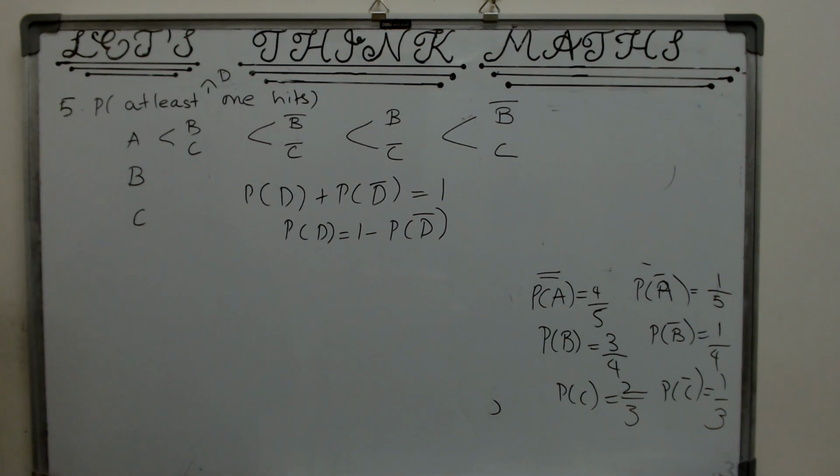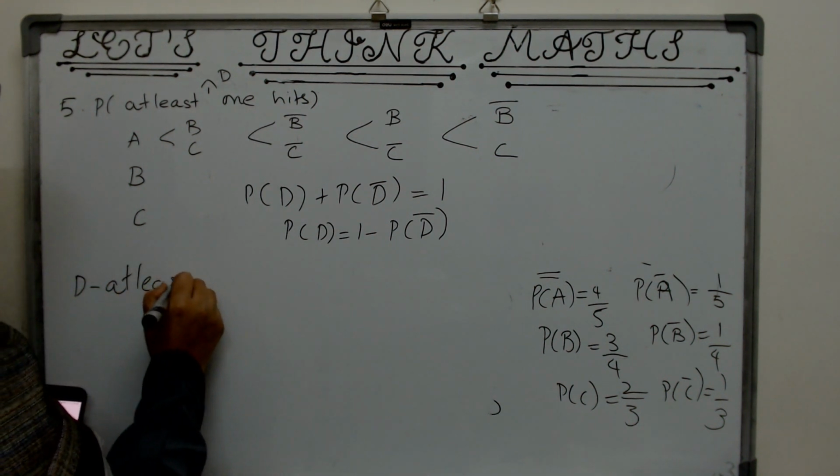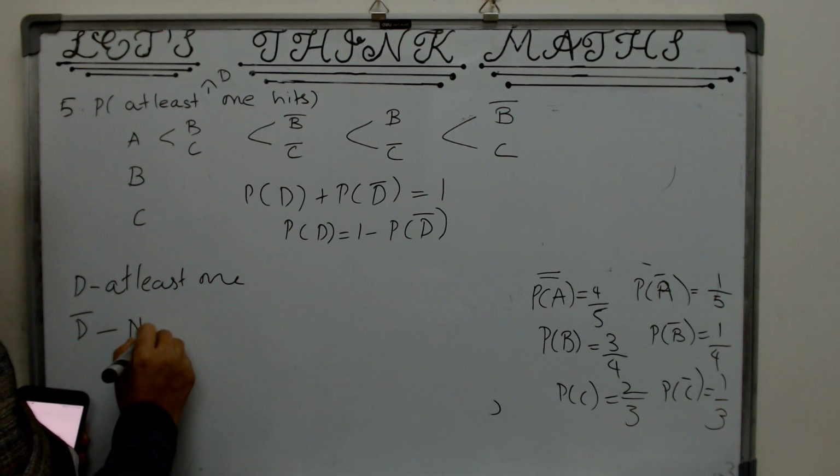Then I say at least one person hits. Or if I say give me at least 1 rupee, and when you say no, then what does that mean? You are going to give me 0 rupees. That is exactly what it means. If D means at least 1 hits, then D complement means no one hits.